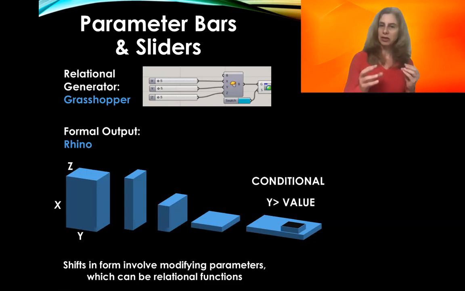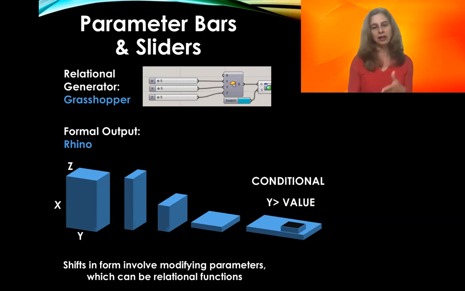So that is one way to think about these parametric controls: not only do you have a generator, but you could slide those things any which way. The question is, which way do you slide the sliders? And that can be based on some kind of input from the outside world, where you say, well, this is the situation at hand, so we're going to modify the parameter bars in this particular way.